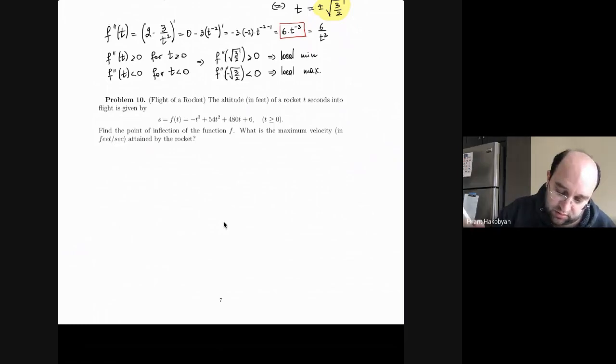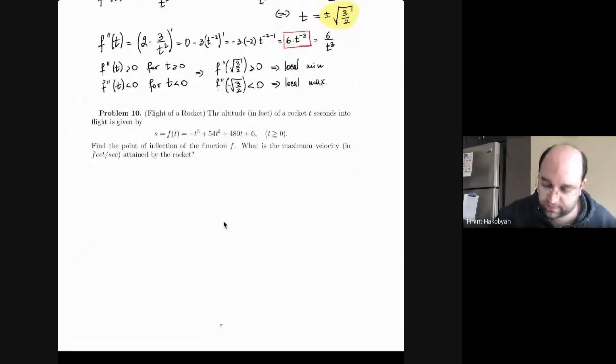Okay, so let's do this problem. Let's find the inflection point. For this, we need to find the derivative and the second derivative.